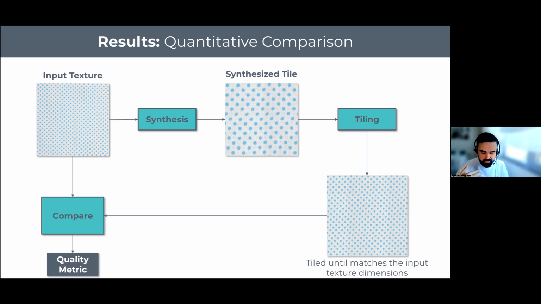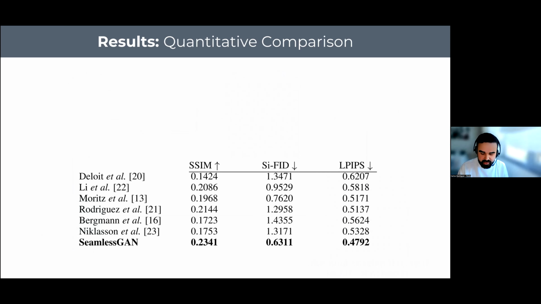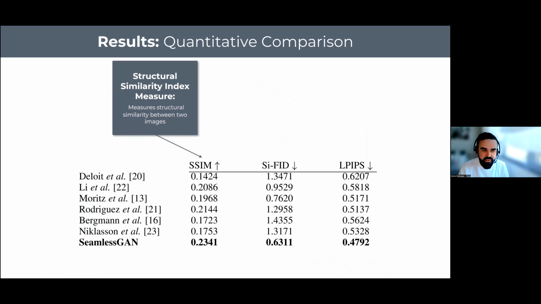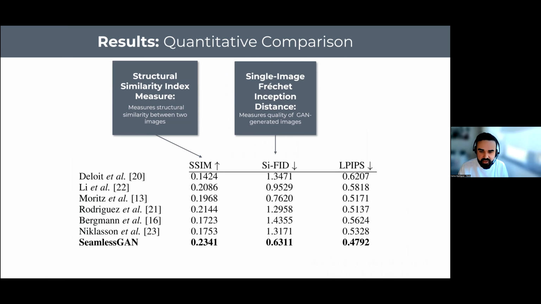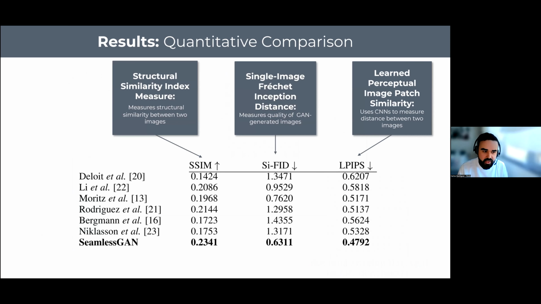So what we do now is for every method in our list of methods and a variety of textures of different types, we use a set of metrics, those three metrics, just to understand how well we are doing in terms of numbers. So we use three metrics that are the structural similarity index, which is just statistical similarity between the images, and two deep learning based methods, which are the FID and the LPIPS score.